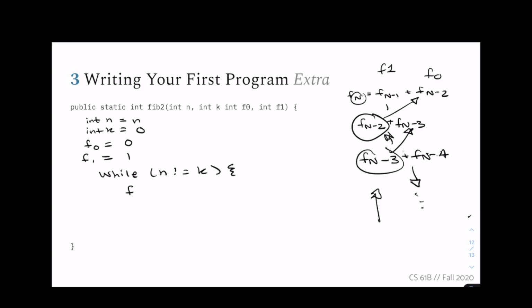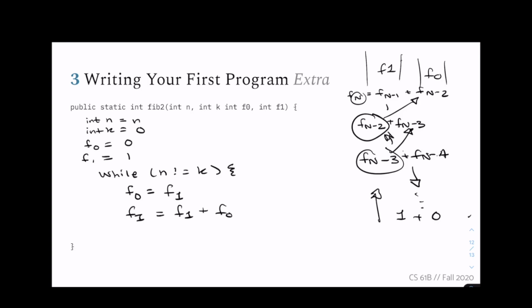Let me fix this bottom part to fall in line with that. Okay, right? So what we know is each f0 is equal to the f1 from the previous iteration. And each f1 is equal to the sum of f1 and f0 from the previous iteration.